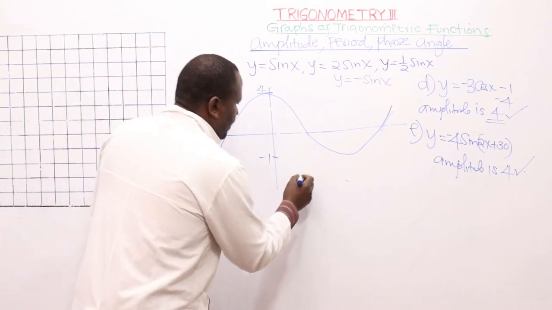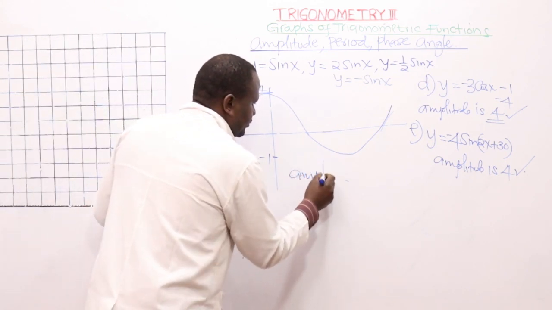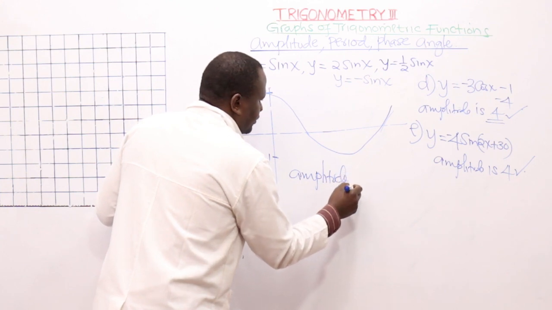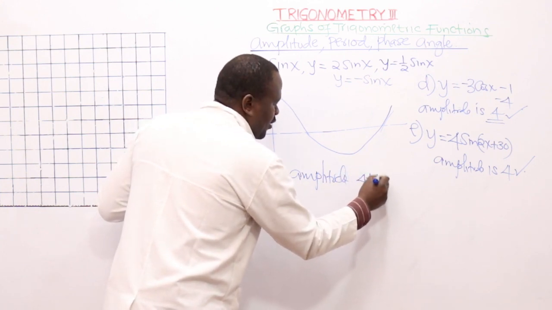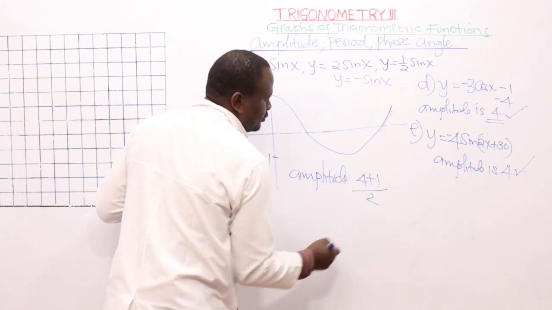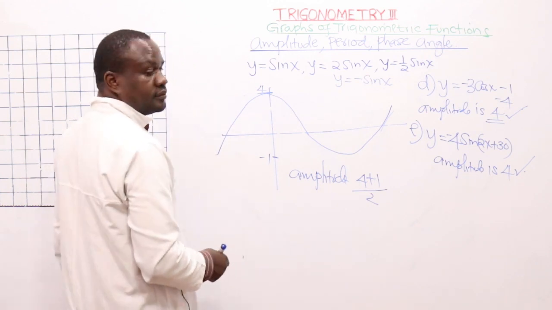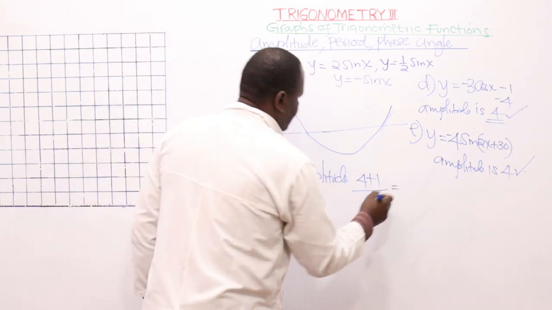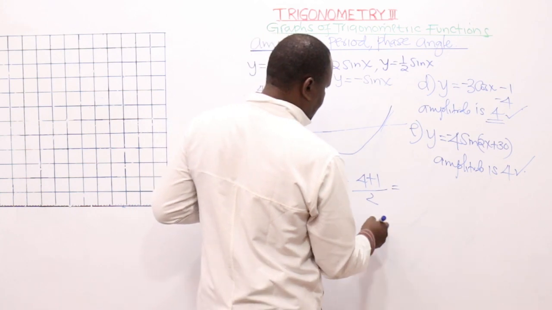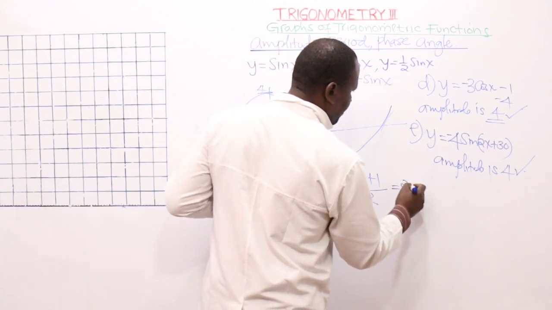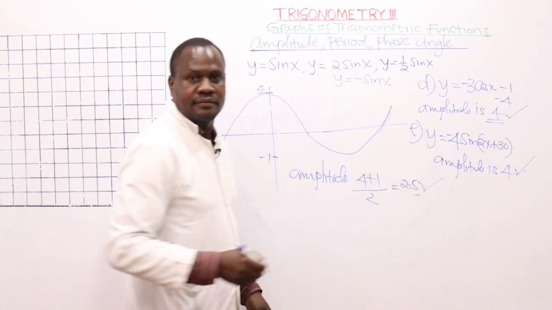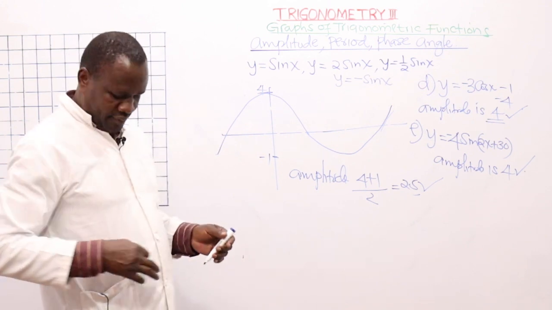Here, the amplitude is 5 divided by 2. The amplitude is equal to 2.5.